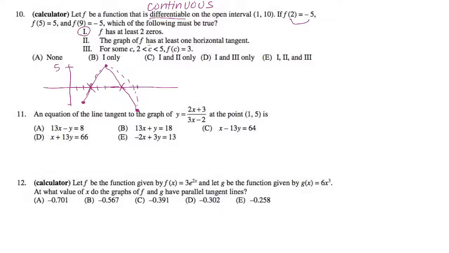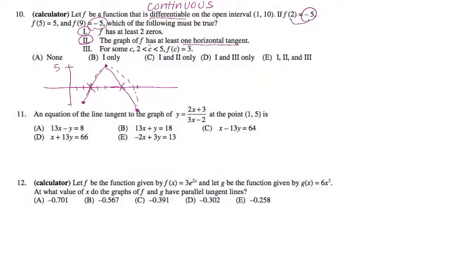We have to have at least one horizontal tangent. If we're told that we have a horizontal tangent, then that means that we had 2 y values to be the same. And notice we do have 2 y values to be the same, so a horizontal tangent is in the business here.